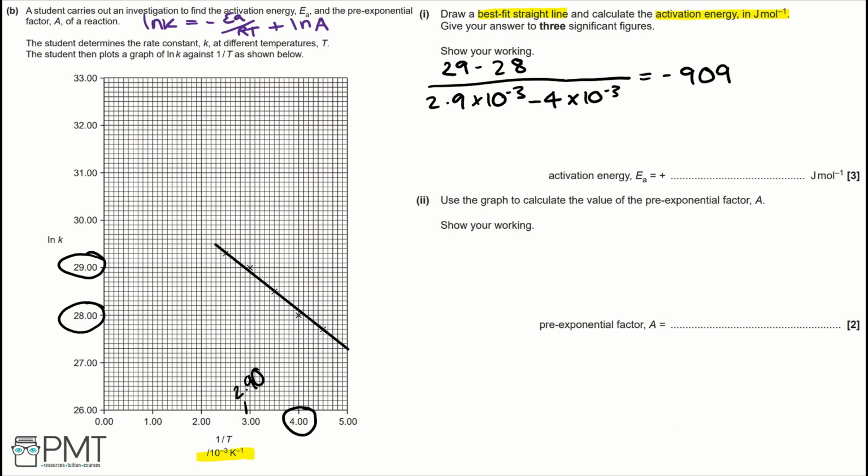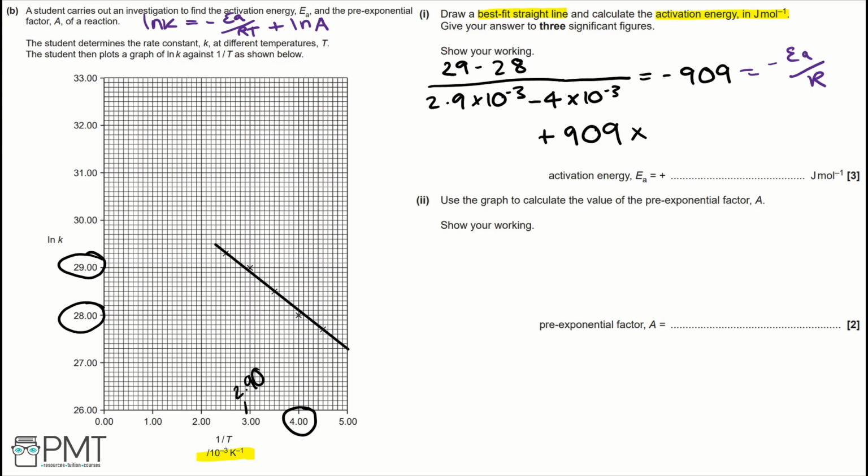Therefore, the gradient is equal to minus EA over R. So in order to find EA, or the activation energy, we need to take the negative gradient, that would be plus 909, and multiply this by R, which is a constant you get given in your data sheet.